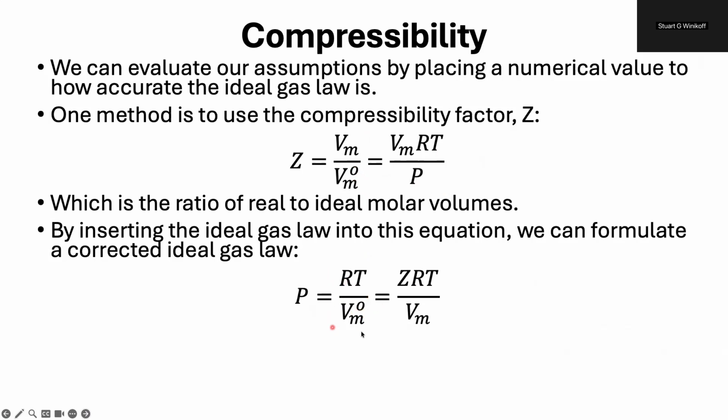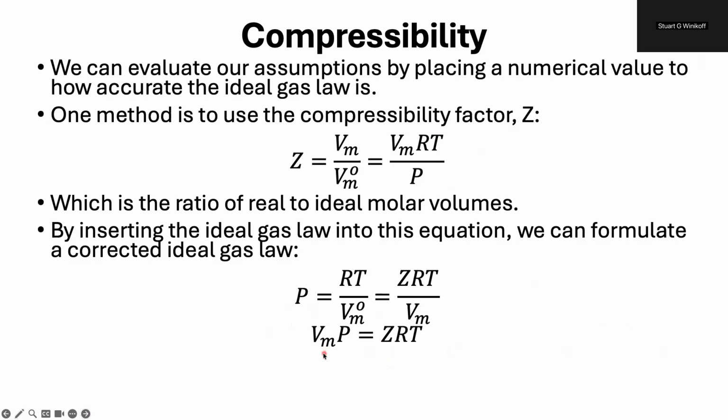We can insert the Z equation into the ideal gas law, where this is the ideal molar volume, to get our equation. Either way that we get this, we can rearrange the equation to rewrite the ideal gas law to account for how much it fails. So we insert the compressibility factor into our ideal gas law. And again, note that we're writing this in terms of molar volume and not just volume and moles.